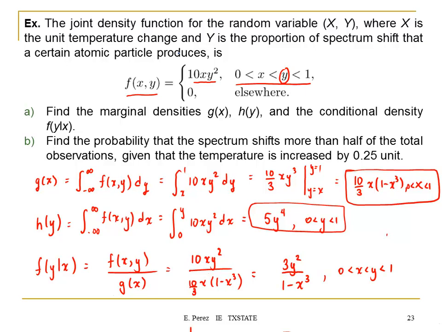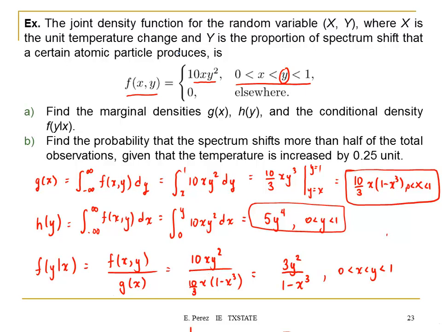So what we are looking at is the following: the probability of y being greater than 1/2, given that x equals 0.25. Okay, so we find the probability that the spectrum will shift more than half of the total observations.